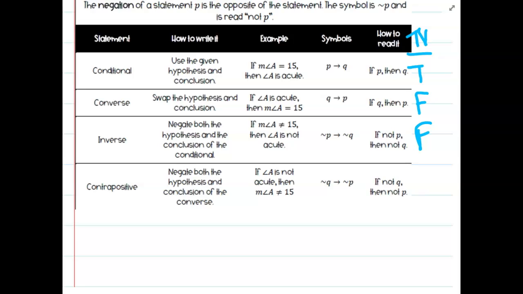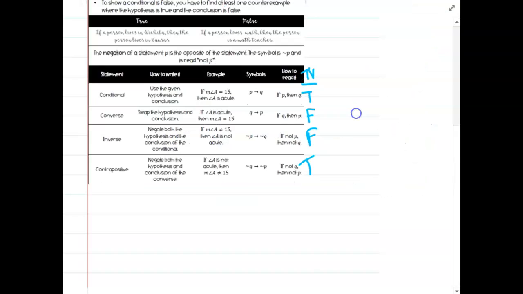Let's say we have an angle that is not an acute angle. Think about all the angles that are not acute. It does not measure 15. That'd be true, right? It'd have to be an obtuse angle, and an obtuse angle, there's no way it could measure 15. So that would be true. And the notation here would be "if not Q, then not P." Do a lot of practice with these once we get into the other side of our notes.